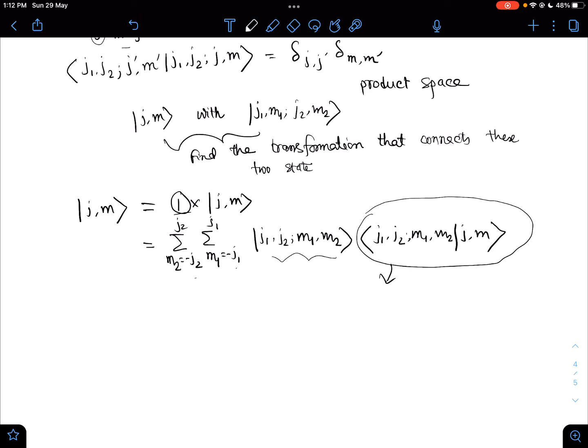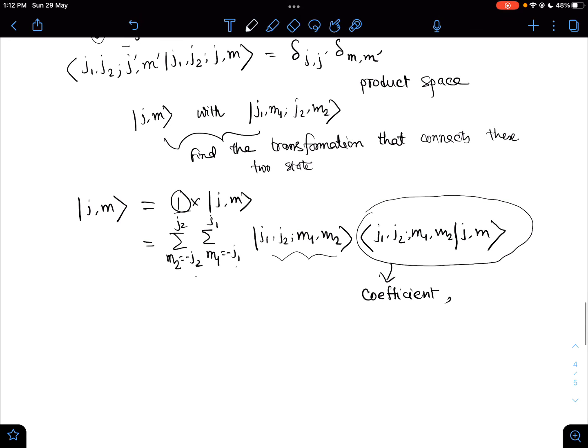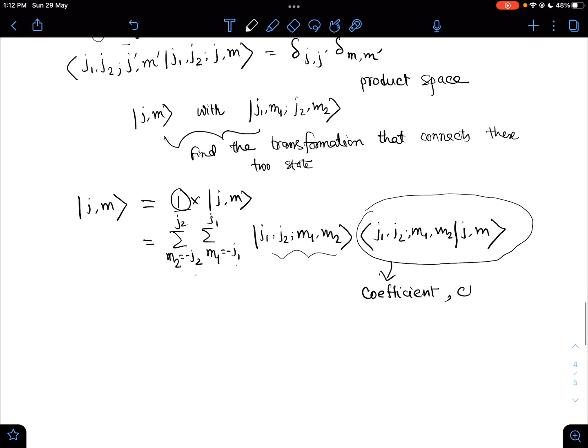This is the coefficient which we have to find. These are known as Clebsch-Gordan coefficients. By convention this coefficient is taken to be real.